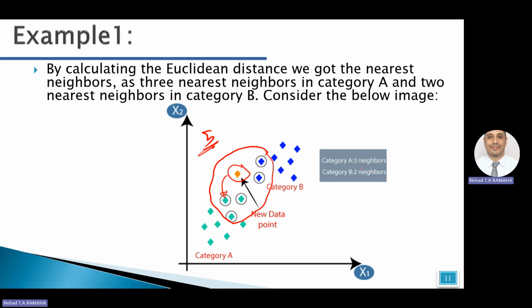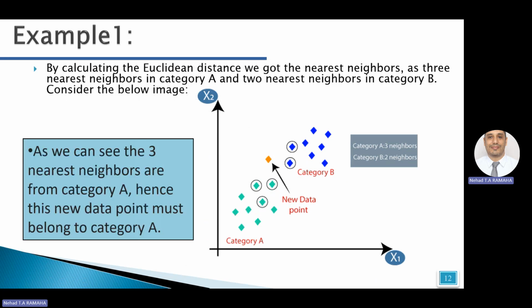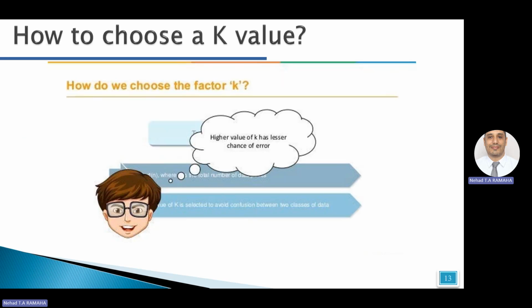So we have 3 neighbors from category A, the green, and 2 neighbors from category B. So it will be classified into category A, the one that has the most data. Same issue here, point by point.